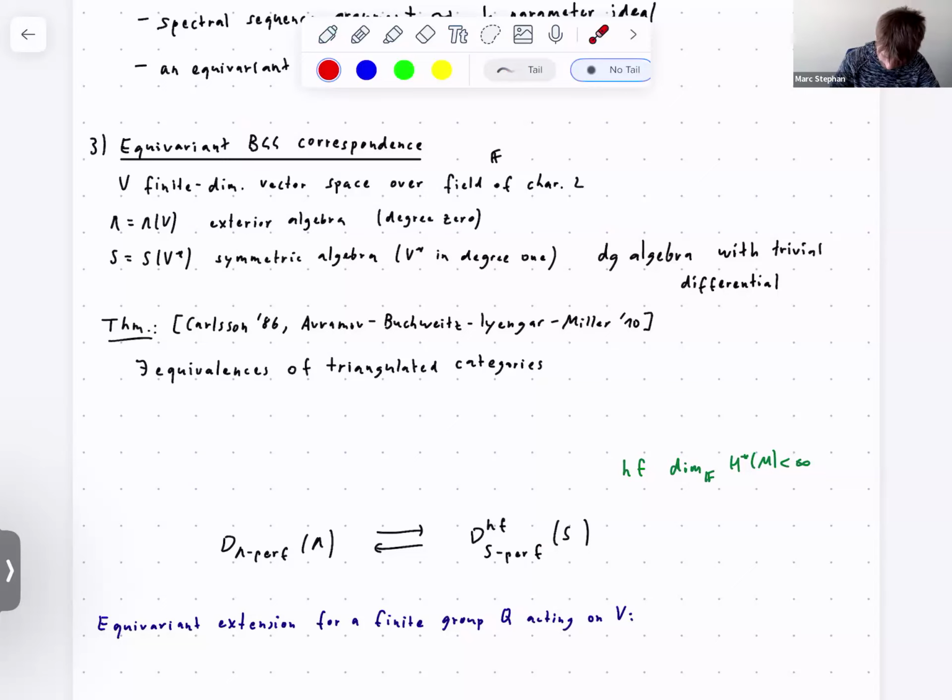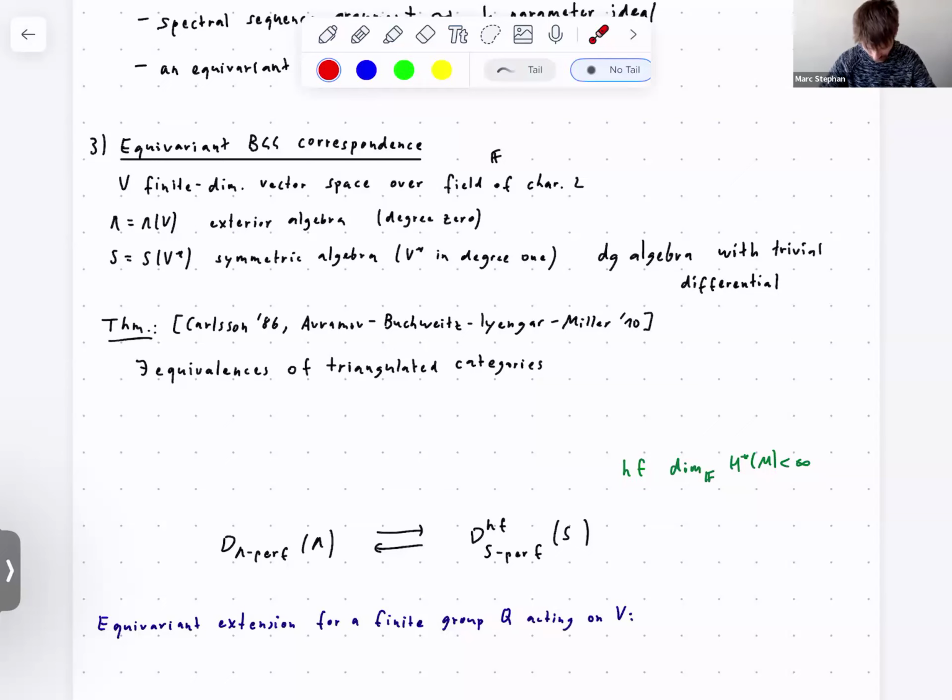Or equivalently, this DG module has to be quasi-isomorphic to a DG module where the underlying graded module is finitely generated and free over S. And I've also written that there is an extension of this result, namely this is a restriction of an equivalence of triangulated categories on bigger categories, which is not stated exactly like that in this paper of Avramov, Buchweitz, Iyengar, Miller, but with the same methods it can be proved.